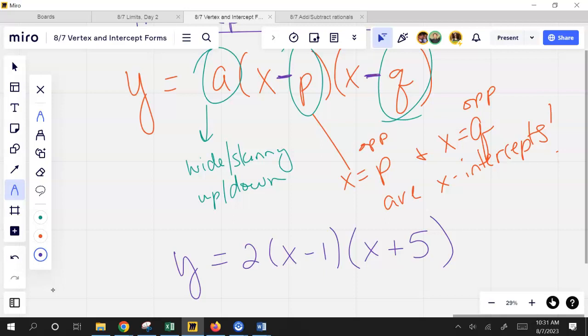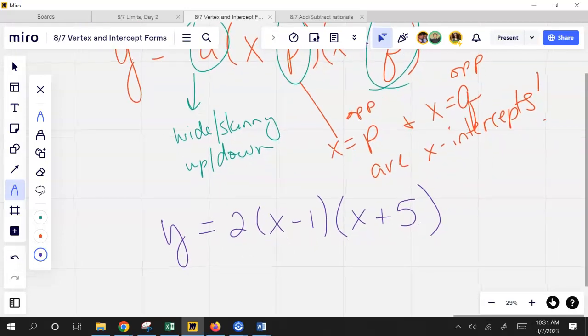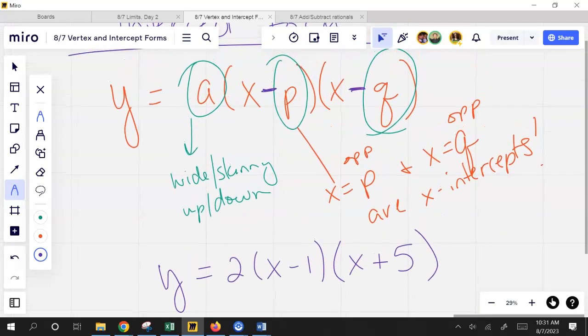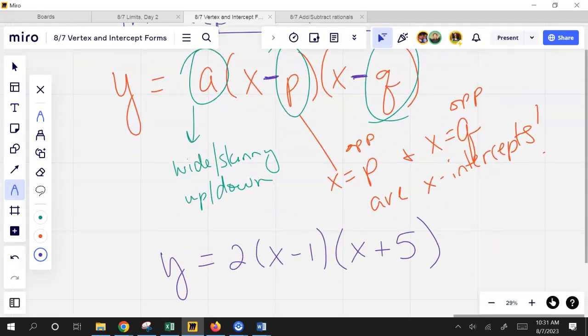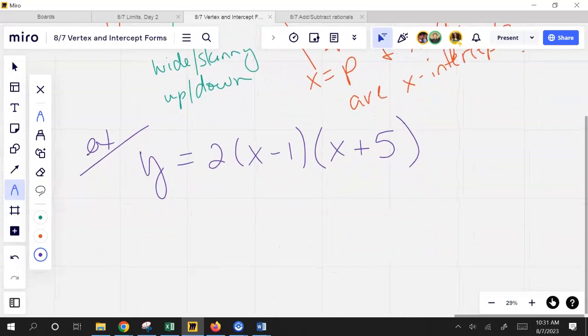So if you look at my equation here on the bottom, have y'all finished with this top part? This is an example. Tell me what you know before you look at intercepts. It's happy, it's opening up, and skinny, right? Everybody okay with that?